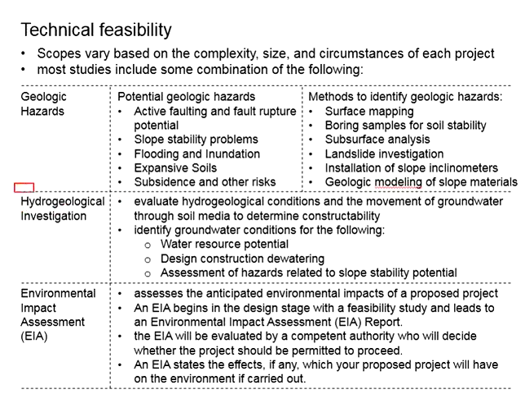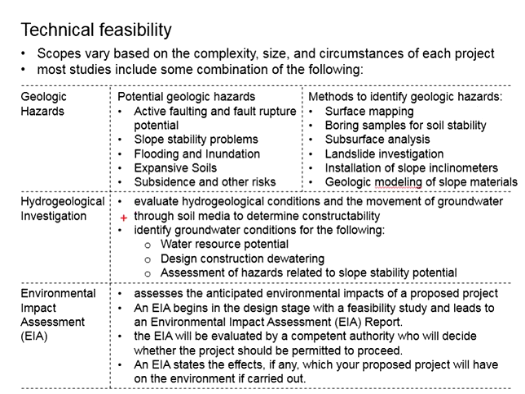Next, we talk about the hydrogeological investigations. This is related to the movement of the groundwater through soil media, which you need to evaluate the hydrogeological conditions in order to determine the constructabilities.